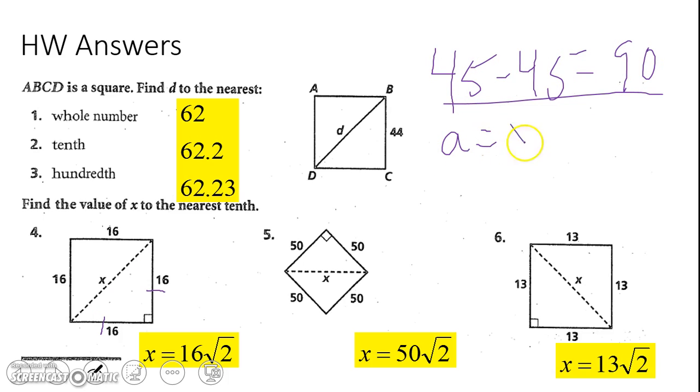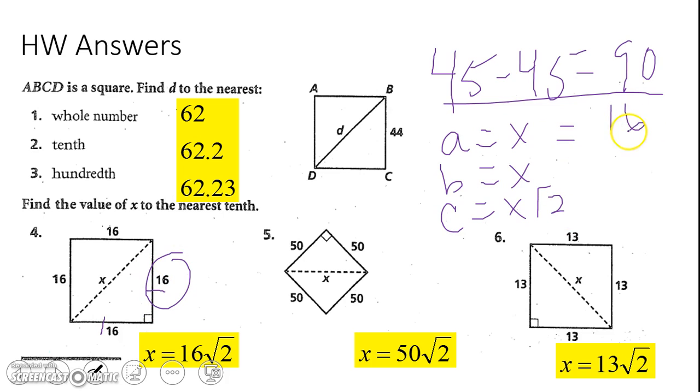So I say A equals X, B equals X, C equals X root 2. And then I come back and I say, I know one of the legs is 16, so I plug that in. And then the other one has to be 16, which means the hypotenuse is 16 root 2. So that's the value of my X in my picture.